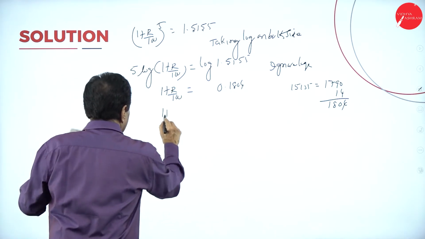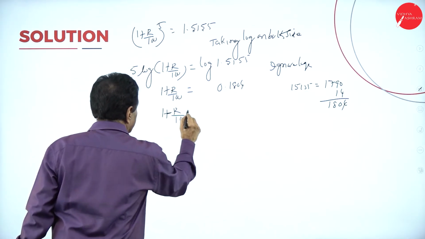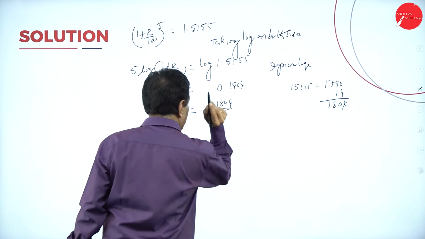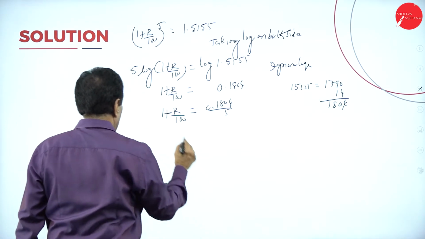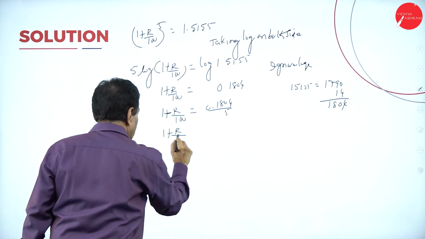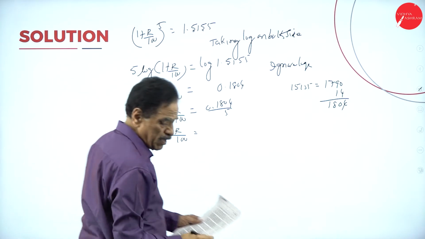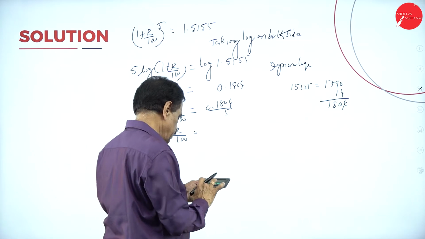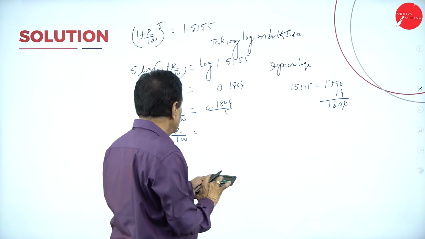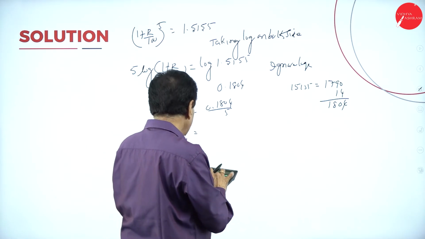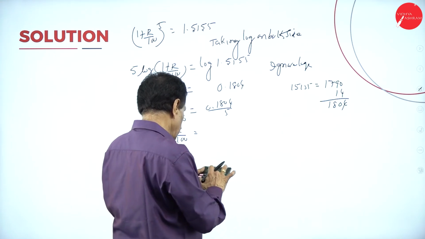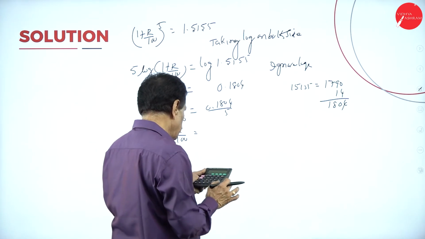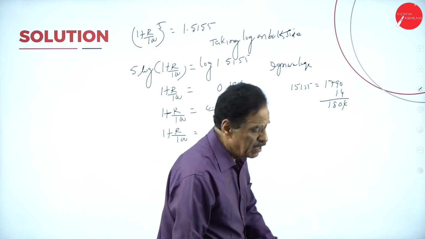So log of (1 plus R over 100) is 0.1804 divided by 5, which is 0.036.